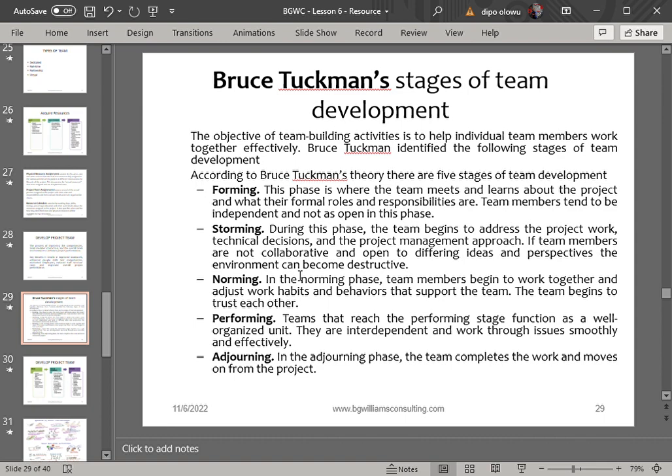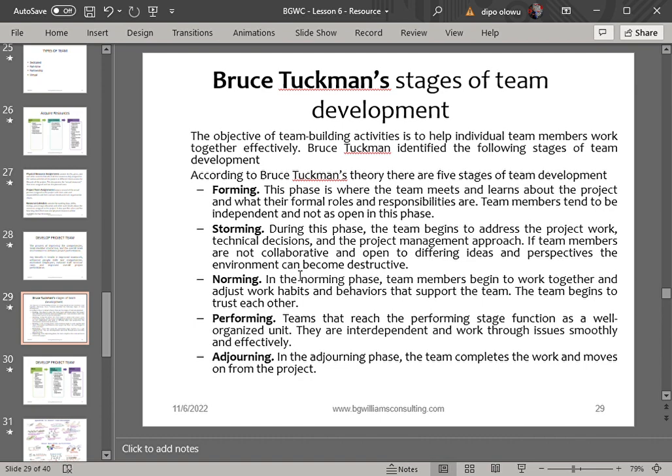Then a time comes which we refer to as the performing stage, where the team can now work effectively together as a unit. Now at this point, they can easily carry out tasks effectively and efficiently. They work interdependently with everyone in the team.